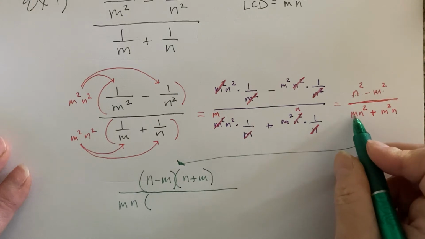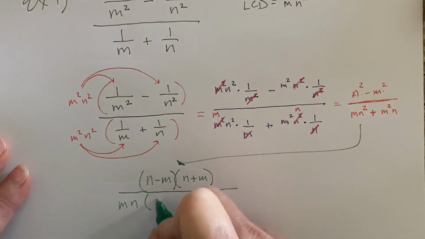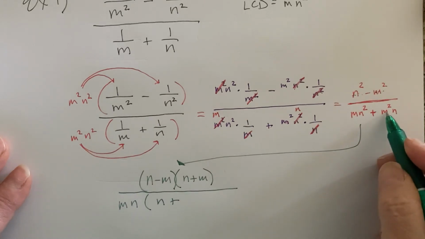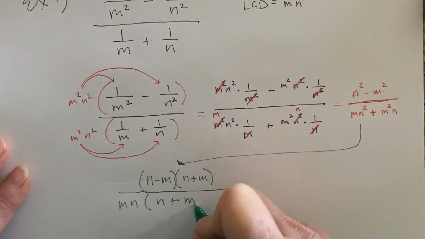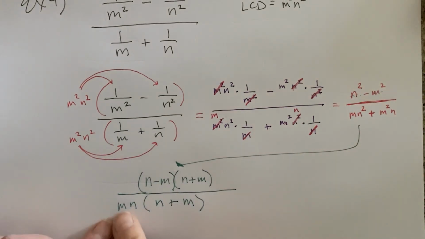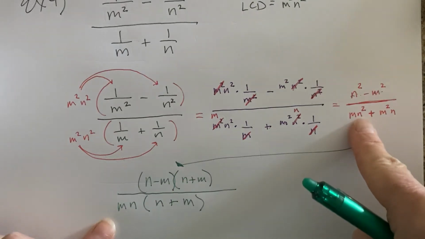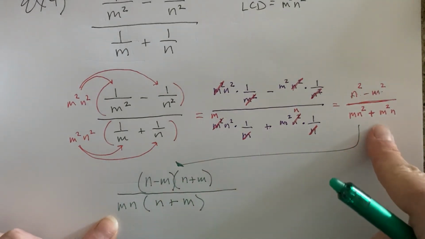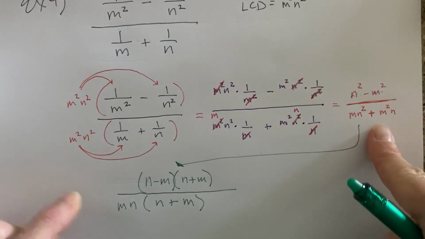What am I left with? I took out the m, so I'm left with a single n, plus, I took out a single m, so I'm left with an m, and I took out that n. So that's all I have. Double check by multiplying back. mn times n, mn squared. mn times m, m squared n. That's hard to say.